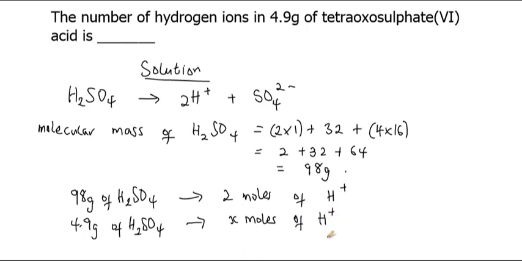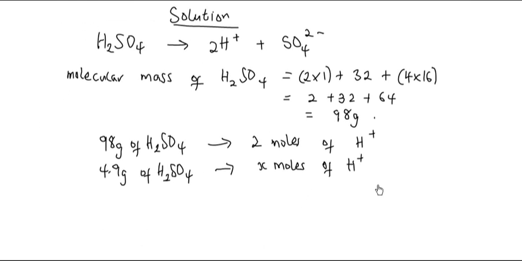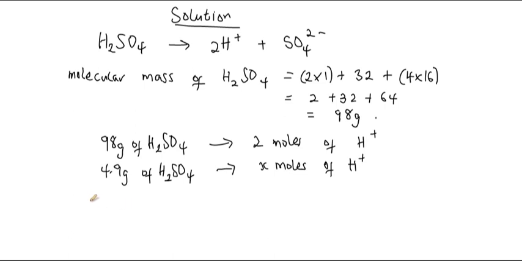Don't forget that the first thing we want to do is to know the number of moles of hydrogen ion present before calculating the number of the hydrogen ions itself. So now here X will then be equal to 4.9 grams multiplied by 2 moles divided by 98 grams.